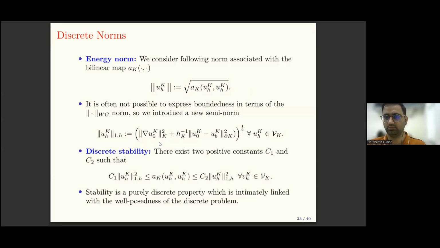So when we take h tending to 0, because at the end in the error estimate we are going to take h very small, the term u_0 minus u_b will blow up. So that's the key point here. This term actually comes from the stabilization part.